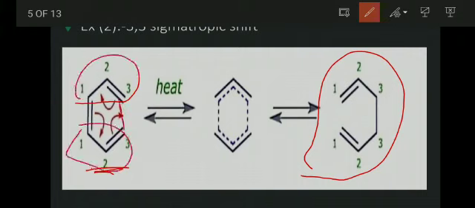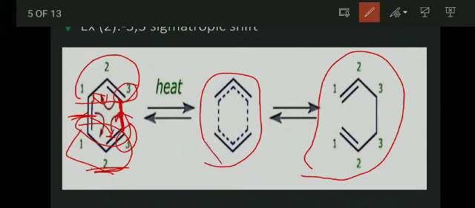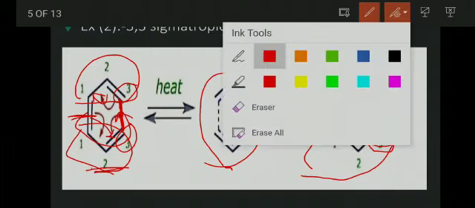The sigma bond is formed between this and this carbon atom. One bond is broken, and that bond is shifted to this carbon atom, and this pi bond is shifted here. The breaking and making of the bond take place simultaneously. So cyclohexadiene is formed, and the new sigma bond is formed between these two carbon atoms. Therefore it is called a 3,3 sigmatropic shift or 3,3 sigmatropic rearrangement. So this is about the sigmatropic rearrangement.